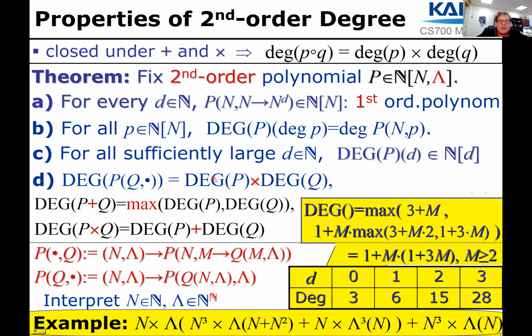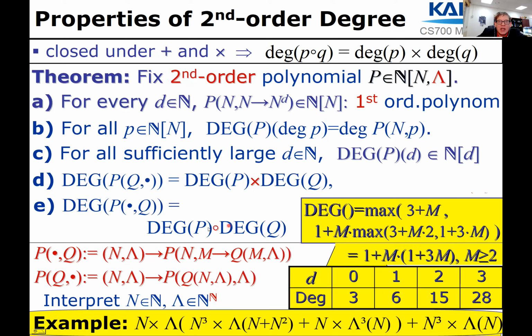And indeed, then this kind of composition results in the degree being the product of the original degrees. So that's our counterpart to this. But the interesting thing is the other kind of composition, when we plug in the second order polynomial argument in the second position.